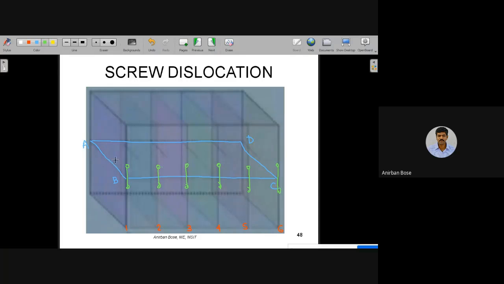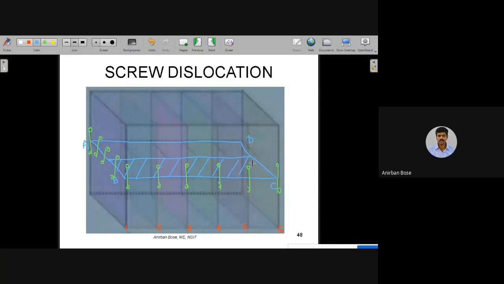Similarly, atoms are there in those directions also. I'm not showing all these atoms, but you can understand that it is there in this way. Now if we cut the plane, we are not cutting like what we have done in the case of edge dislocation, we are cutting this region now.